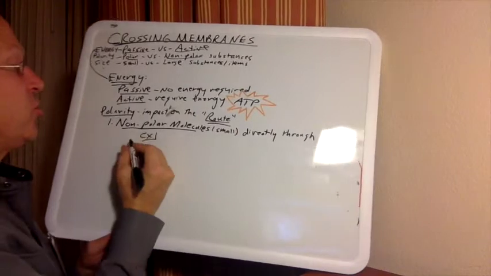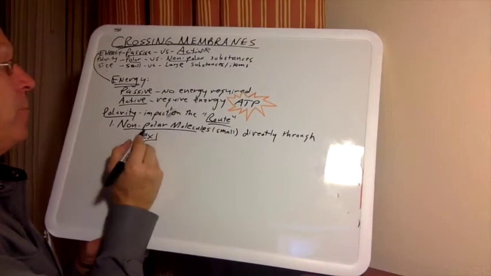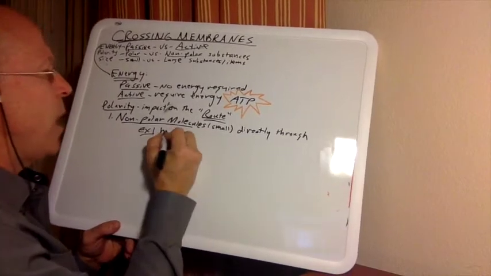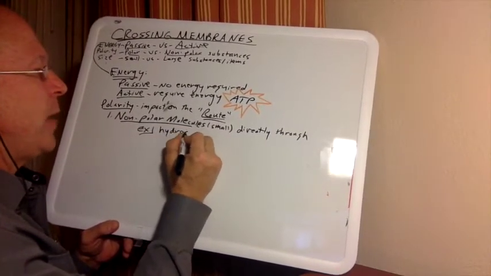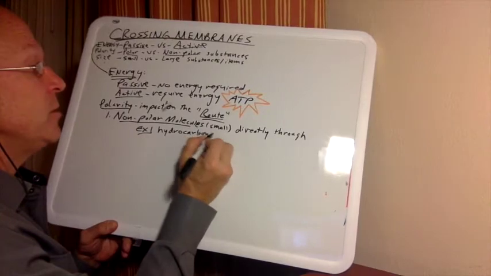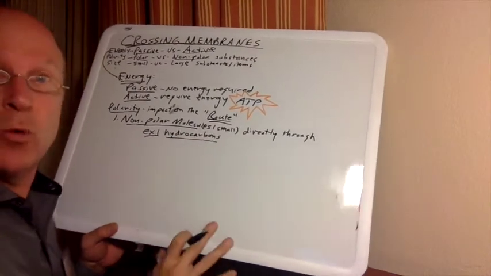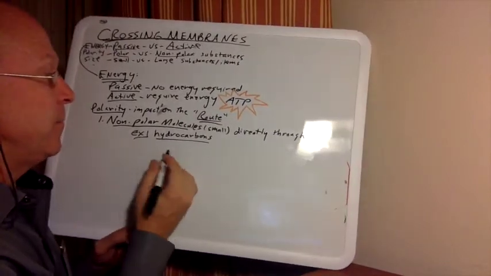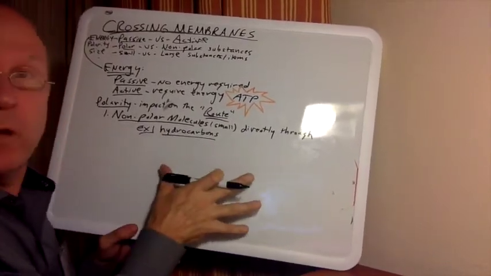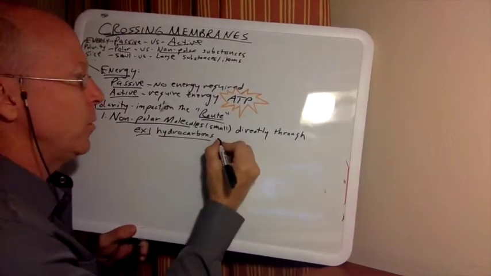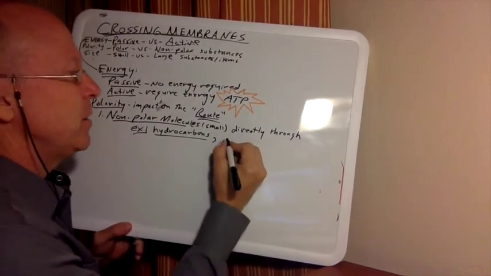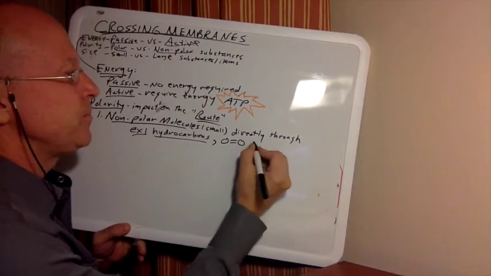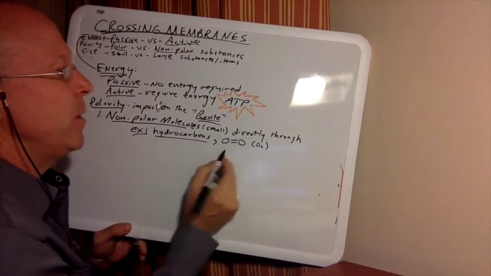Examples of non-polar substances that do this: small hydrocarbons. You'll remember our definition. Hydrocarbons are molecules made pretty much of carbon and hydrogen. And of course that means they don't have polar covalent bonds, so they're non-polar. Other ones, look at this guy, O2. There's the molecular formula.